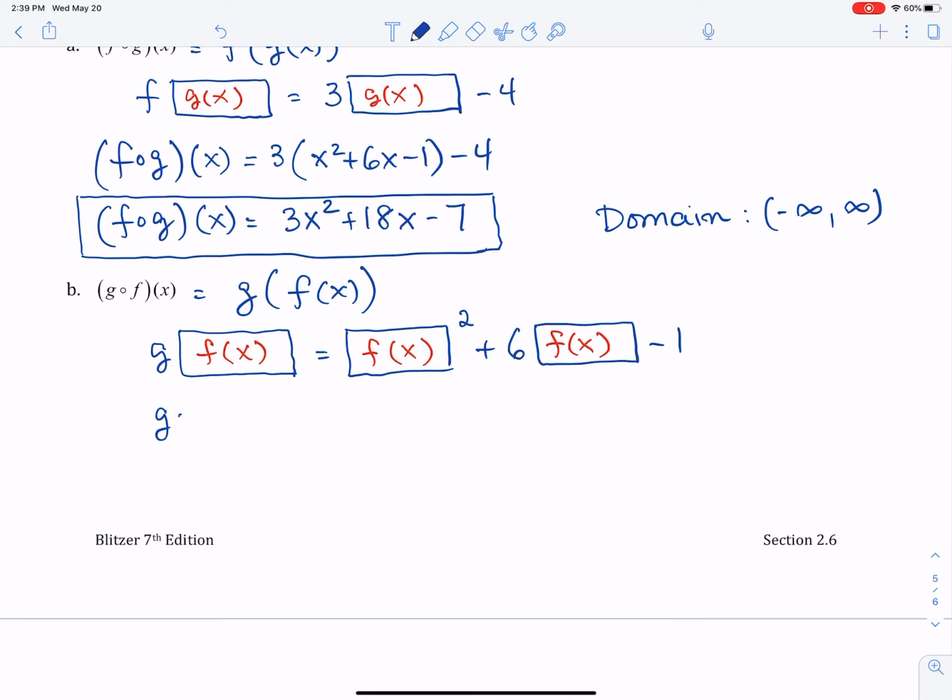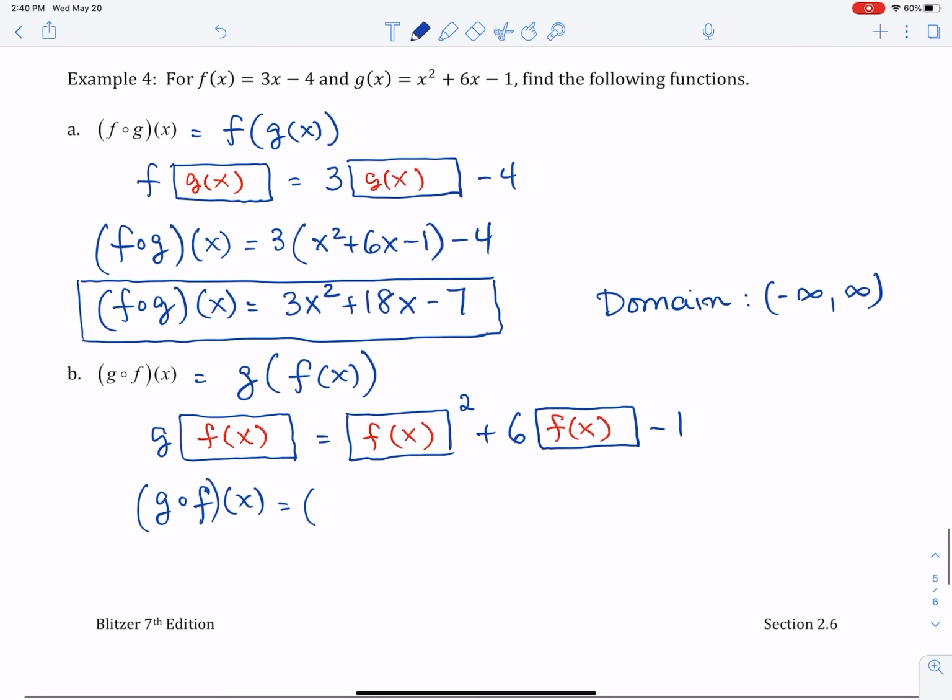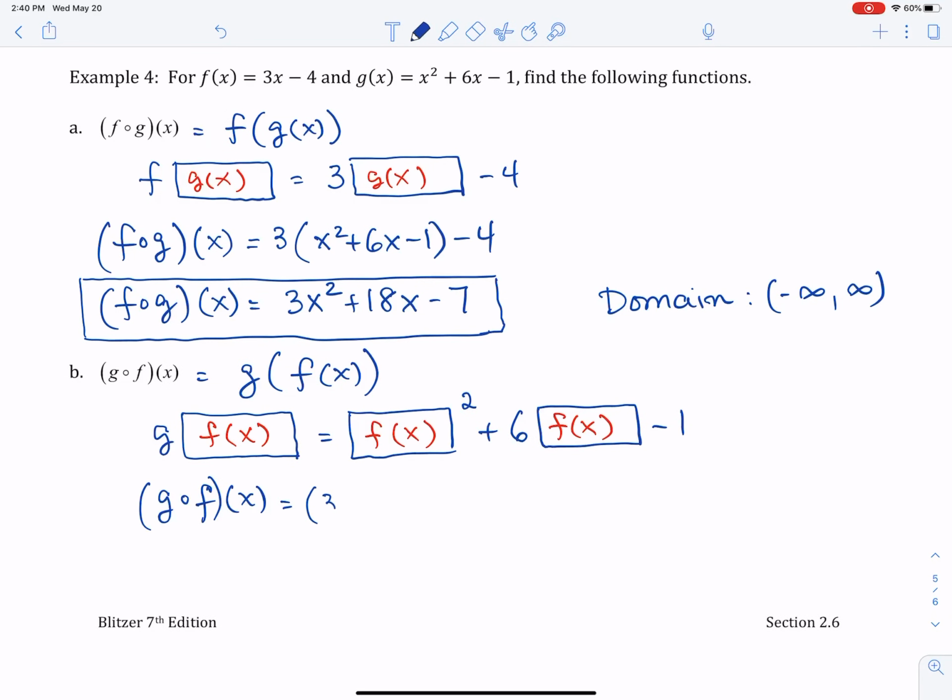That means g of f of x is going to be f of x squared. Well, f of x is 3x minus 4, so (3x minus 4) squared plus 6 times f of x, which is 3x minus 4, minus 1.